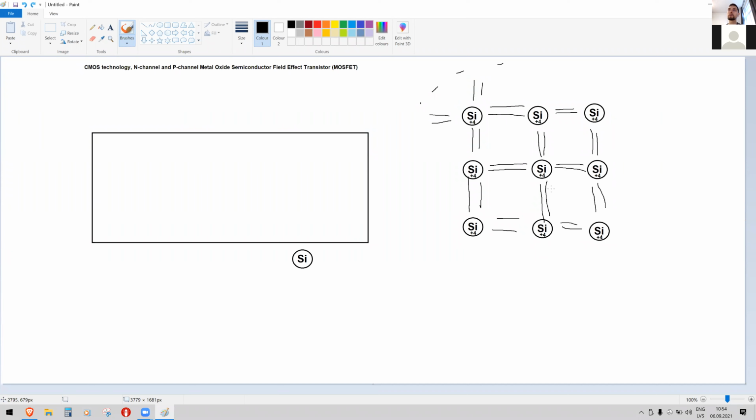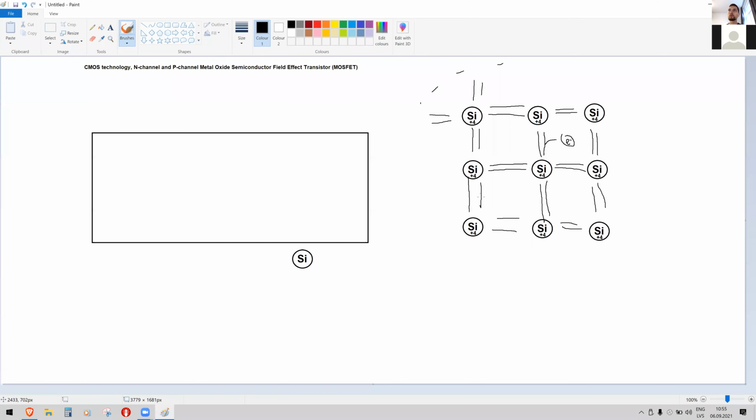But as we heat up this material, some electrons heat up so much that they jump out of this bond and they start to wander around this lattice. But after some time, they get tired and they fall back into some free bond place.